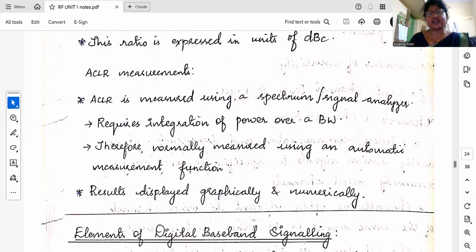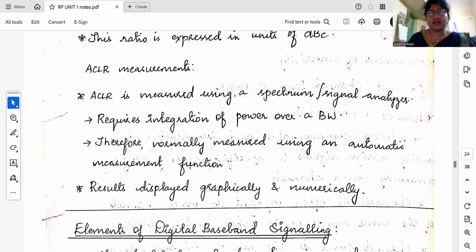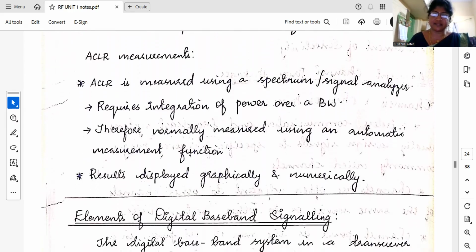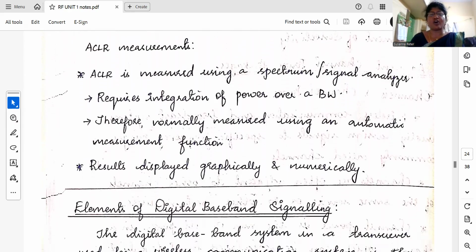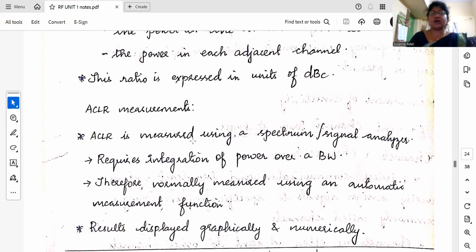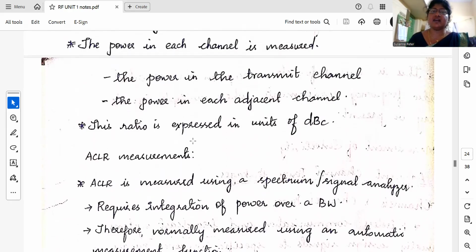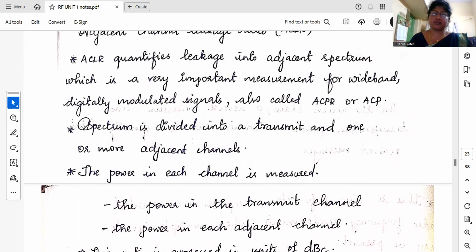Therefore, it is normally measured using an automatic measurement function. Your RF system design will measure the ACLR automatically, and the results can be displayed graphically as well as numerically. This is about the adjacent channel leakage ratio.